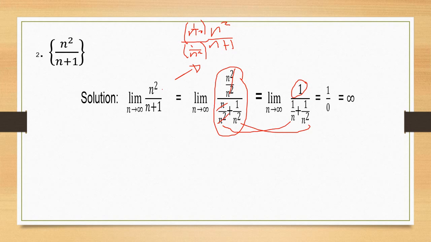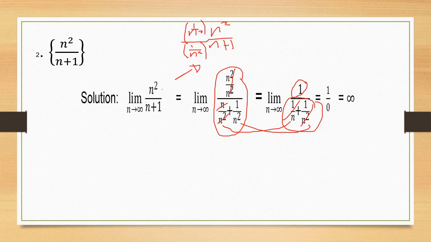Now, in this case, using the previous theorem, the limit of 1 over n is equal to 0, and 1 over n squared is also equal to 0. That is why our denominator is 0.